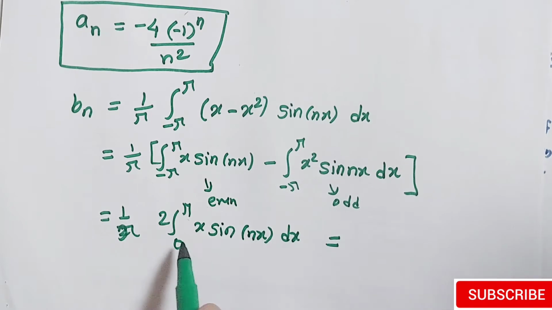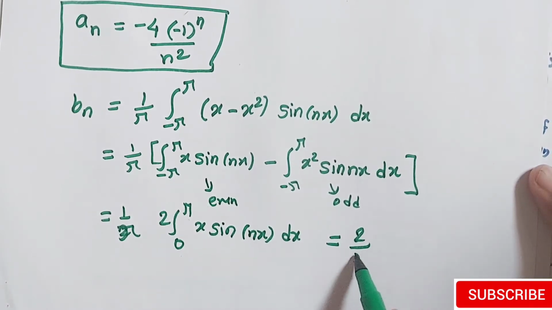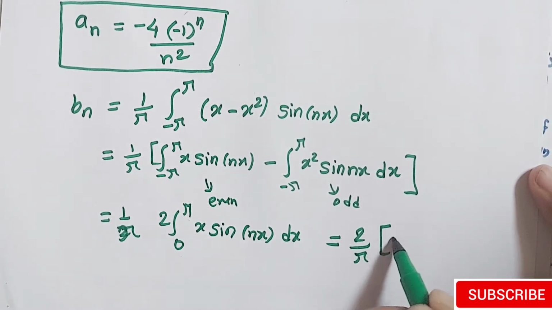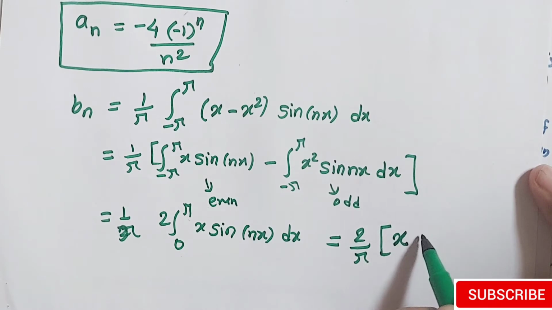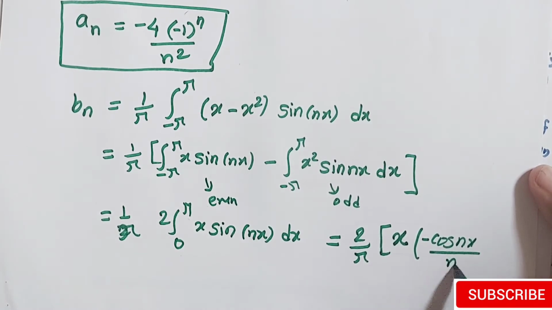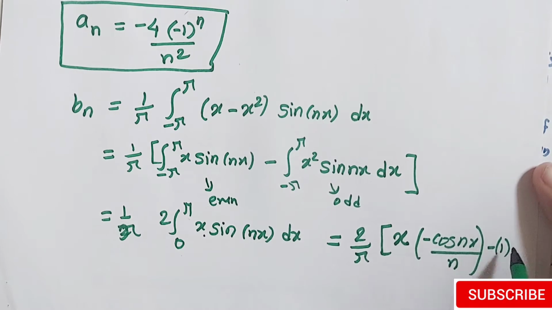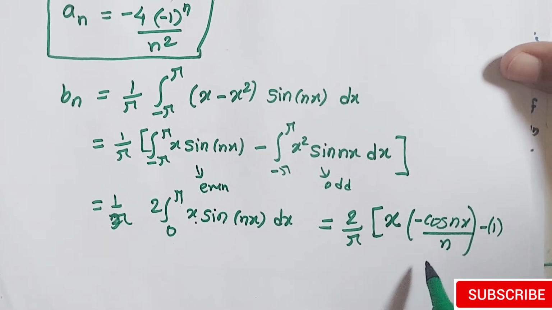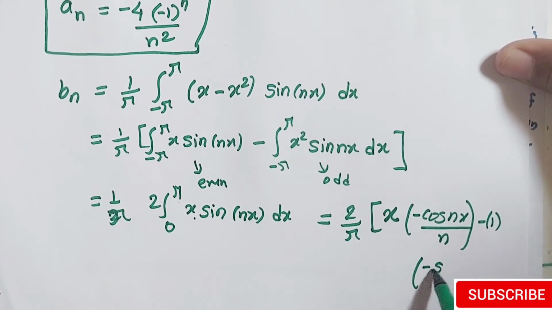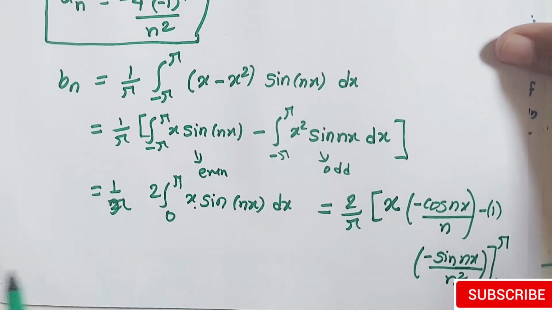And the integration of this term using the integration by parts formula: x as it is, integration of sin is minus cos nx divided by n, then derivative of the first term, integration of this bracket term. So in the next step, integration of this bracket term is minus sin nx divided by n square, the integral limit is 0 to pi. Put the upper limit.